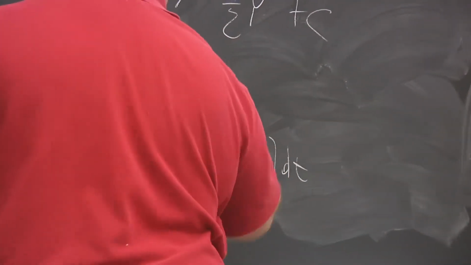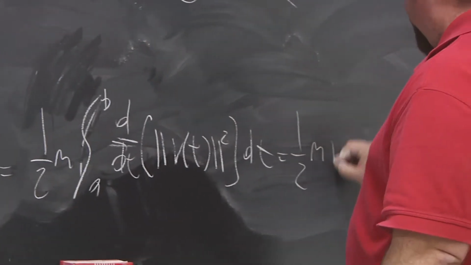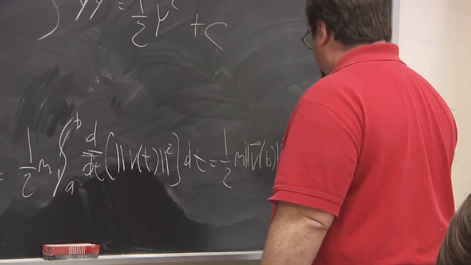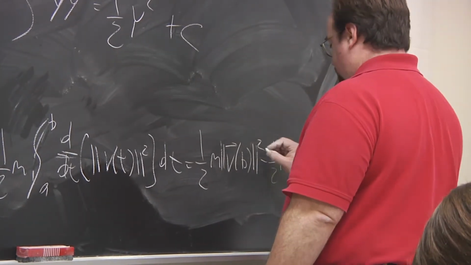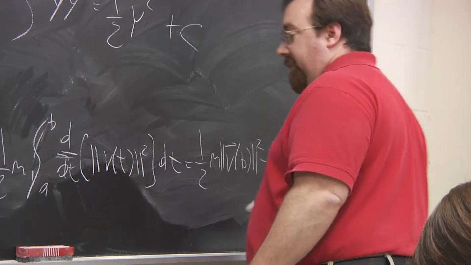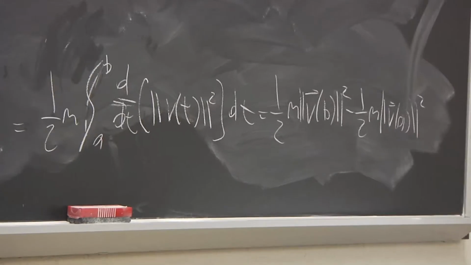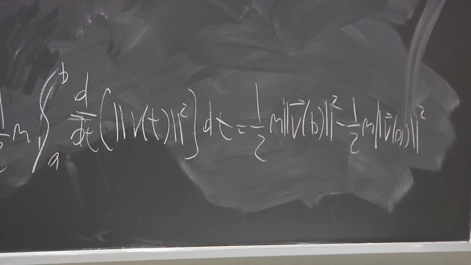But we're integrating this derivative, so we're just going to get 1/2 mass times the magnitude of velocity evaluated at B squared minus 1/2 m times the velocity at A squared. What's 1/2 mv squared? You physics people? Kind of sounds like kinetic energy.